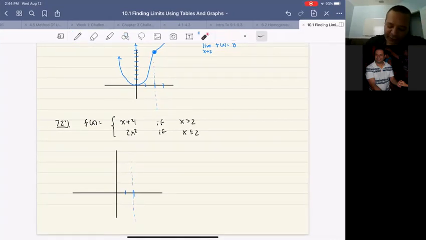On the right, when x equals 2, I'm going to get 6. I'm going to do that with an open circle.